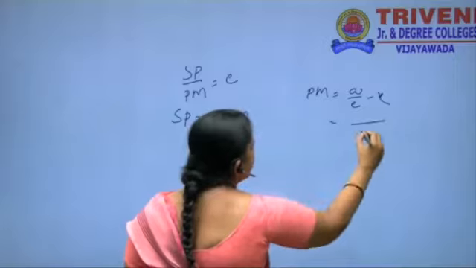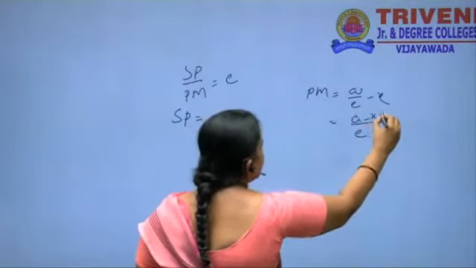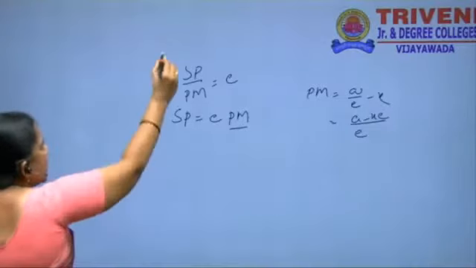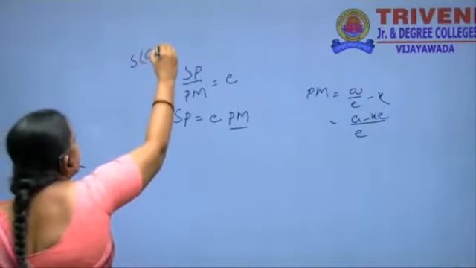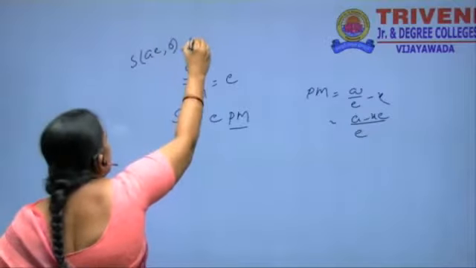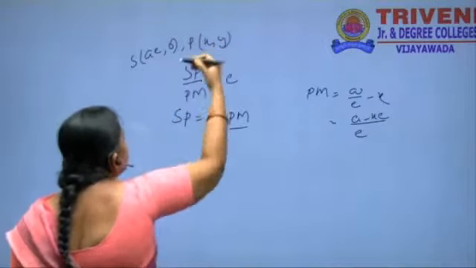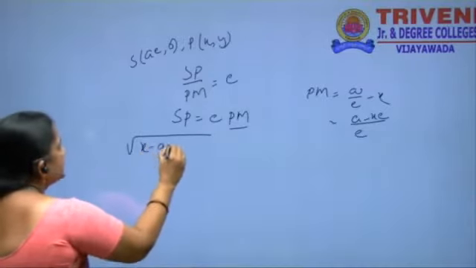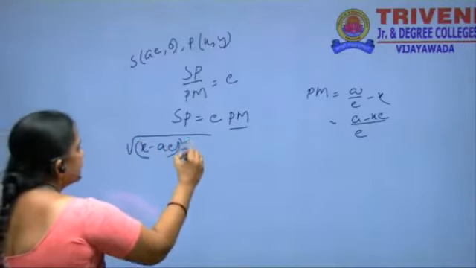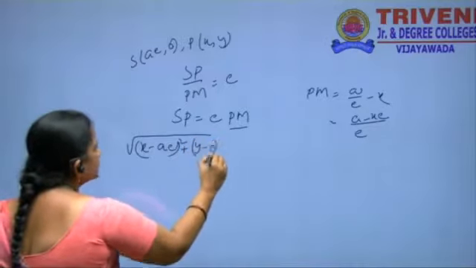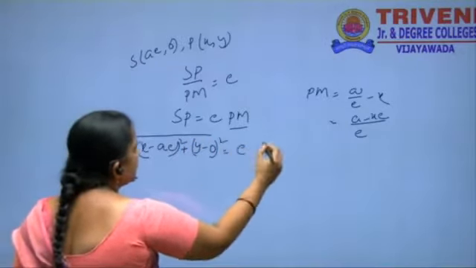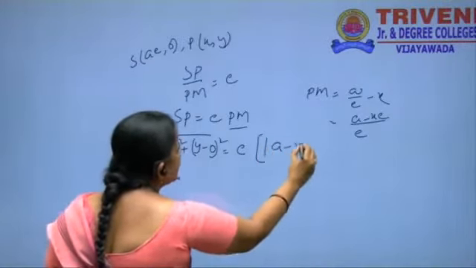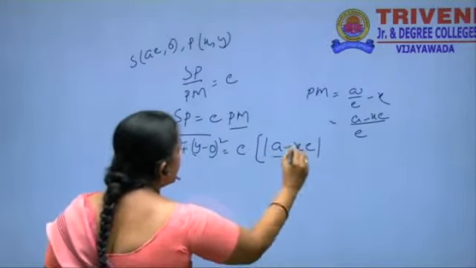Take the LCM, E: A minus XE over E. Here for SP, the point S is AE comma 0 and point P is x comma y. The distance between these two points is root of x minus AE whole square plus y minus 0 whole square, equal to E into PM, the distance from the point to the directrix, by E.